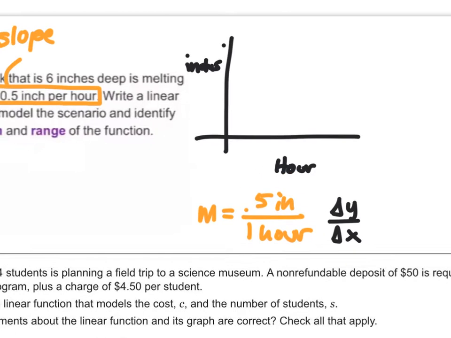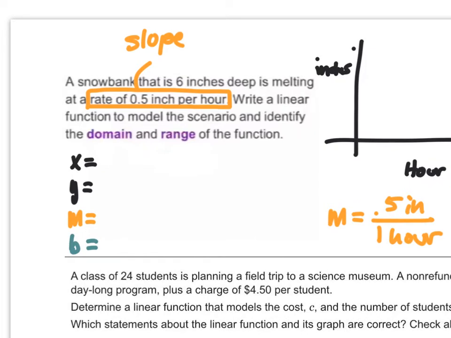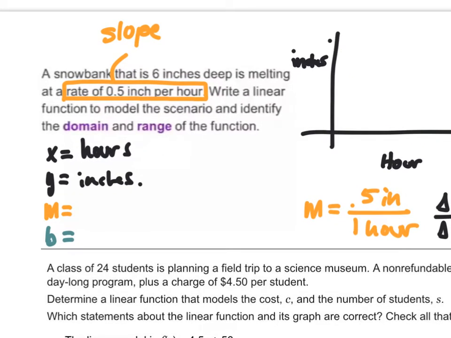Now, where do we start? Before we do anything, let's say x is hours and y represents inches. Now, where did we start? At 0 hours, how deep is the snow? The snow is just 6 inches deep. So I'm going to put a 6 there and plot a point.